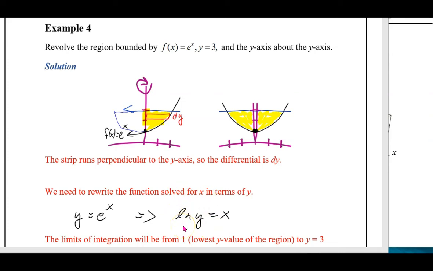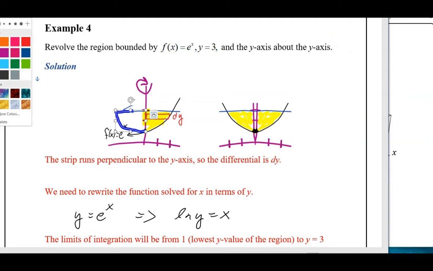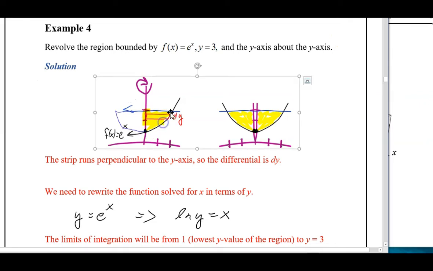What will our limits of integration be? We need to go from our lowest y value on the bottommost strip. So the bottommost strip, oops, my bad, I moved my picture, which I did not intend to do. Sorry about that. I'm not sure why it won't let me just draw. If I want to draw it, it should make a rectangle wherever I've got a picture.